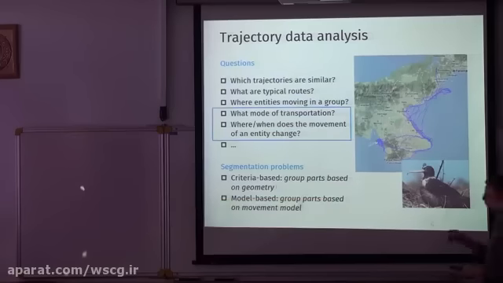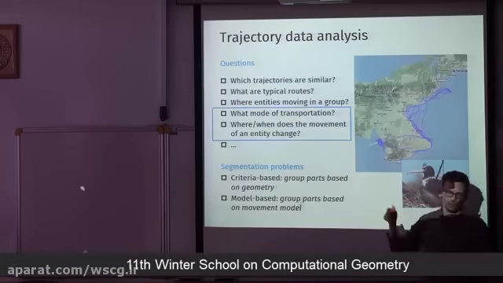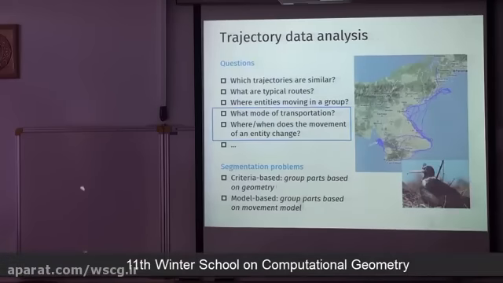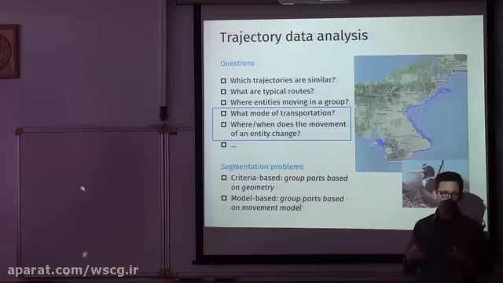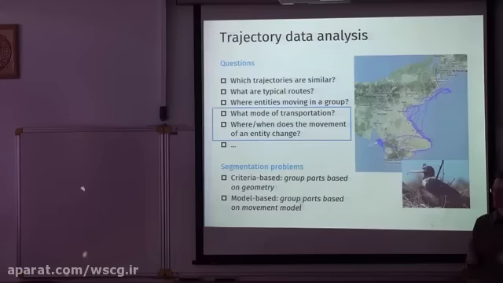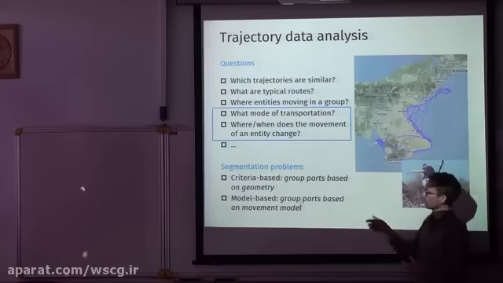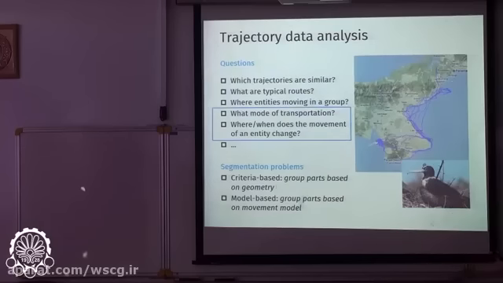And the two variants I'd like to talk about today are criteria-based segmentation and model-based segmentation. Criteria-based segmentation is a very geometric perspective on the problem, where we assume that some set of criteria is given which describes certain behaviors, and then based on those criteria we compute a segmentation that is as small as possible.